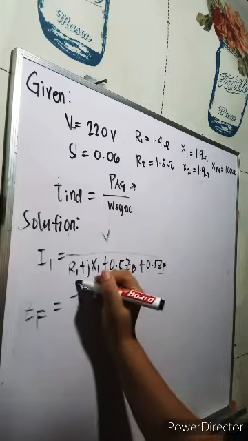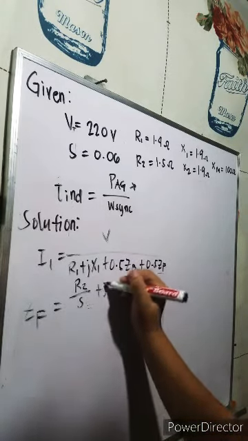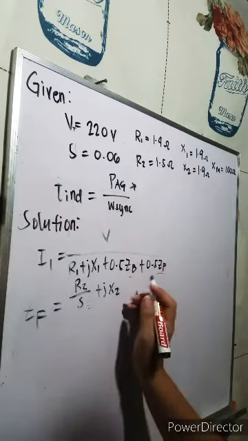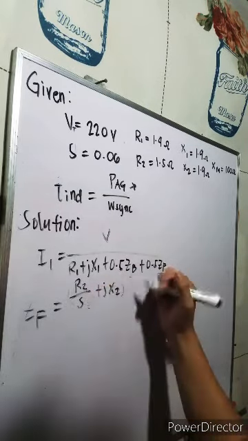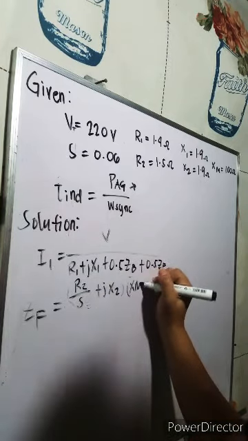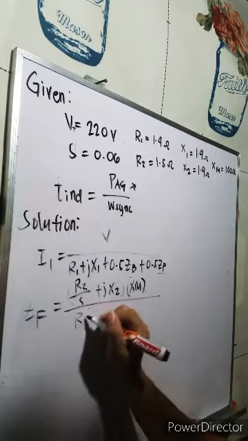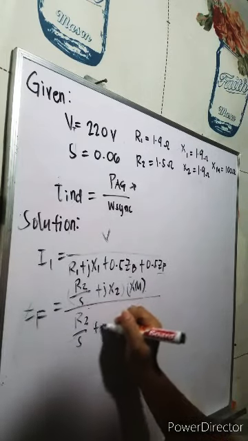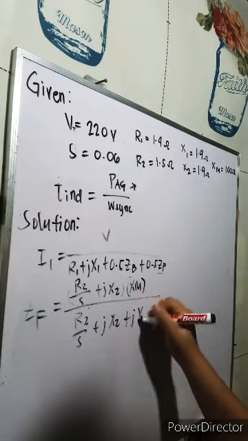R2 over S plus jX2, multiplied by jXM over R2 over S plus jX2 plus jXM.